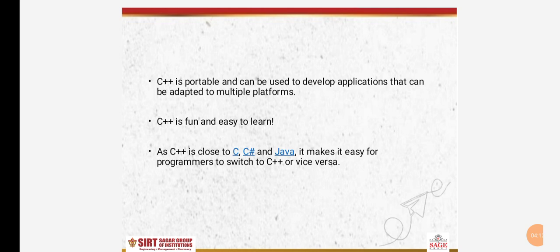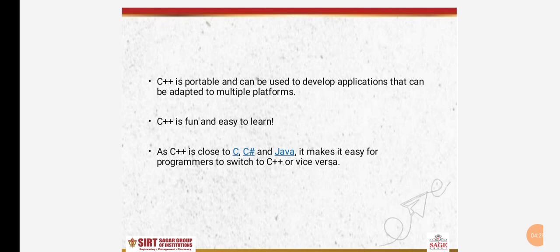Anyone can use the C++ language in general. As C++ is close to C, C#, and Java, it makes it easy for the programmer to switch to C++ and vice versa.